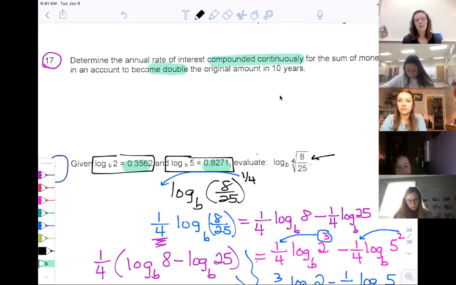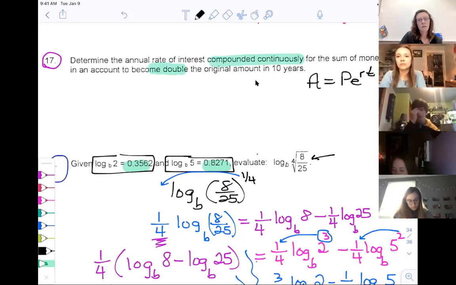So, Evan, do you know how you would set up this problem? Wouldn't we use the A equals Pe to the rt formula? Yeah, what information could we plug in here?